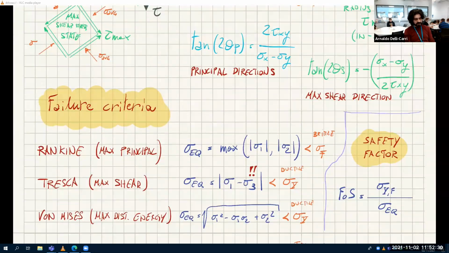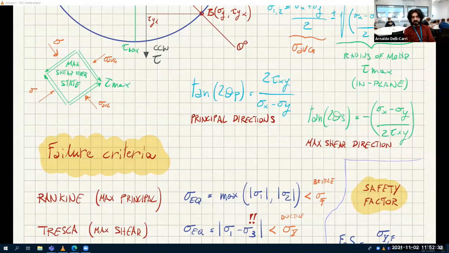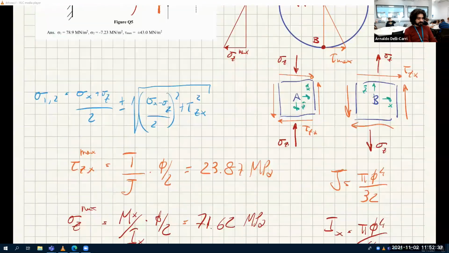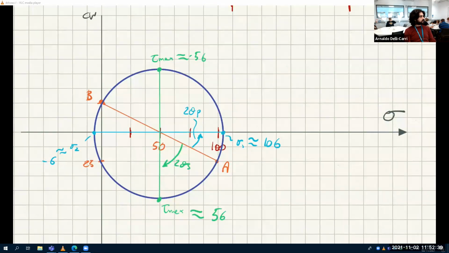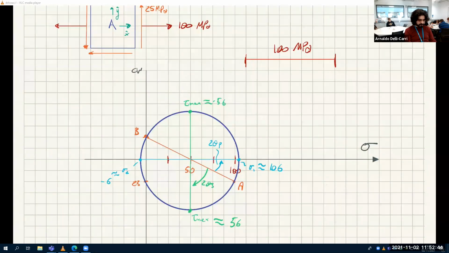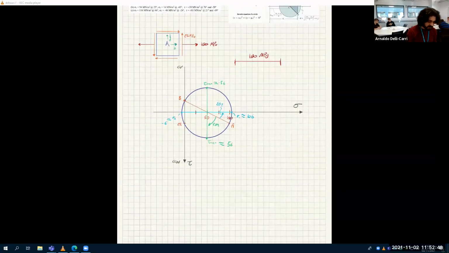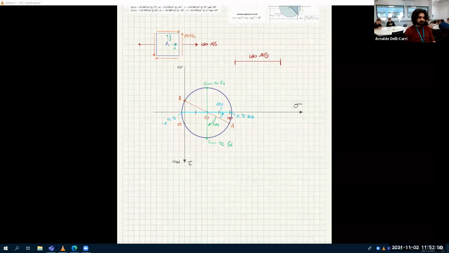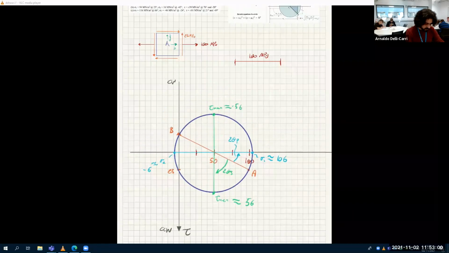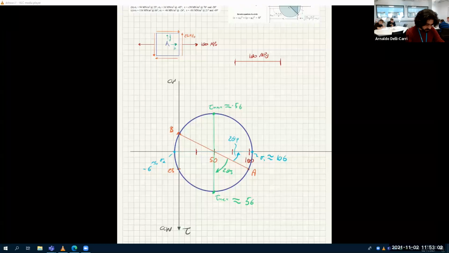These are the equations to calculate 2 theta p and 2 theta s. Or you can find them out by just measuring them. That's it. Very easy. So try to do this. My scale was very bad. I'll probably redraw this on a larger scale. Let me see if I can increase this. There you go. Much nicer.